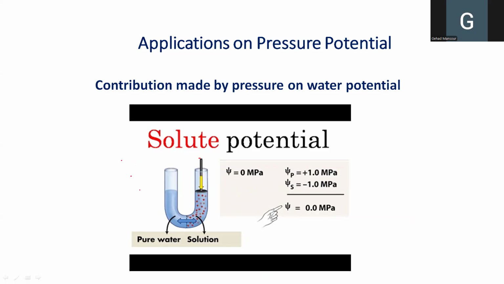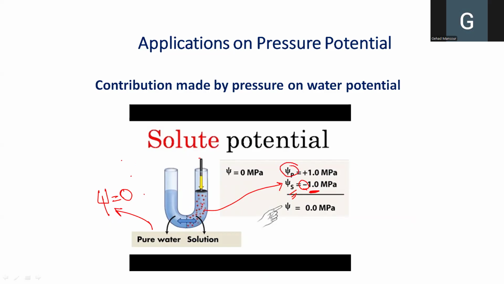Here again we have pure water, and as we all know, the water potential is 0. Here we have dissolved particles that make the solute potential negative. Say this time it is not 0.4 but 1, which means that we have more solute particles than in the previous example.